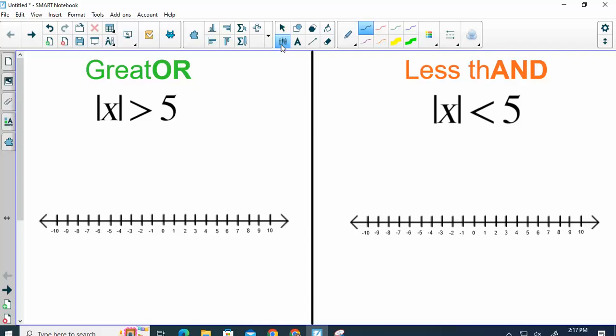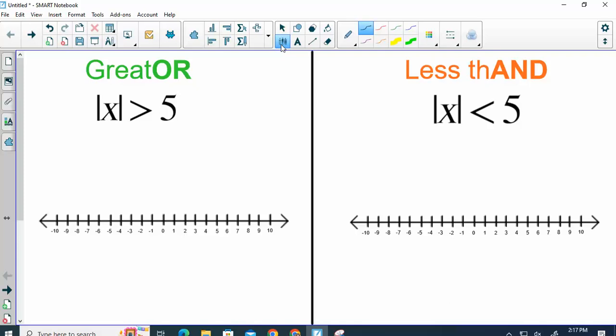The two types, we have the greater than and the less than. And the trick I gave you yesterday, and everybody should be writing this part down. There's a great or. So the greater is the or statements. When you graph ors, what do they look like? Separate ways.